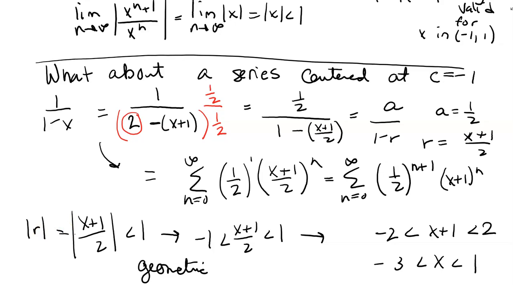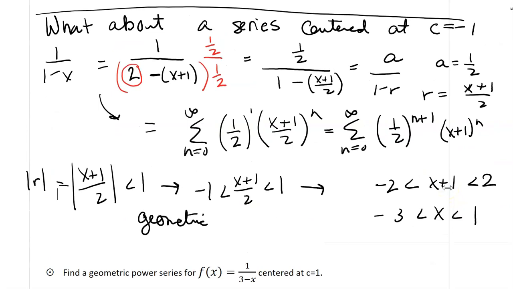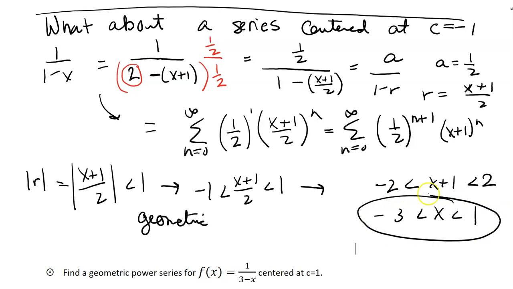Now you could check the endpoints here. If you plugged in the negative 3, you would have 1/2 to the n plus 1, and then you would have a negative 2 to the nth power. If you plugged in the 1, you would have a 2 to the nth power. So in this case, the endpoints are not a problem for convergence, and this would only work for the interval from negative 3 to 1.